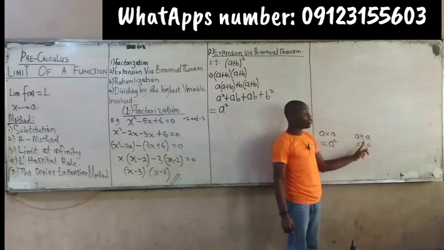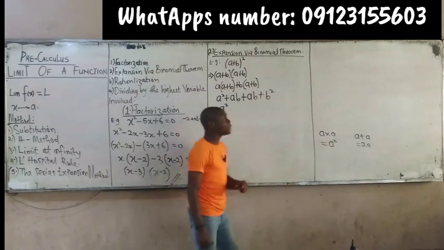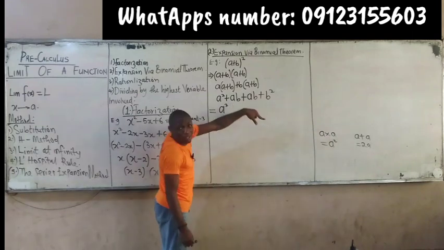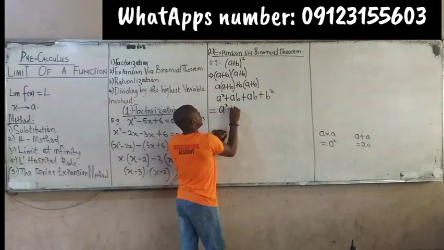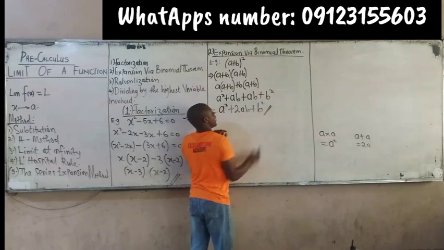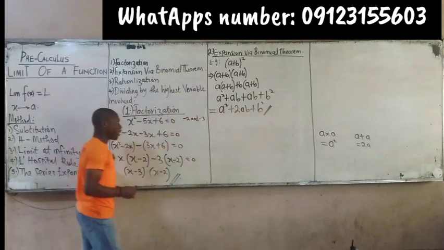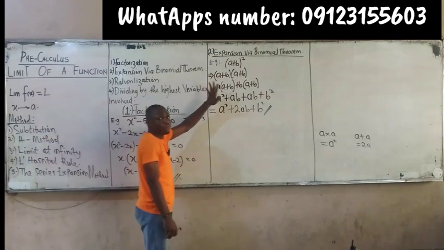It's 2A. Why? A times A becomes A squared. At this point, AB plus AB becomes 2AB. So I have A squared plus 2AB plus B squared as my answer after expansion. Please take note of this logic. Please take note of how to expand in this format, please.